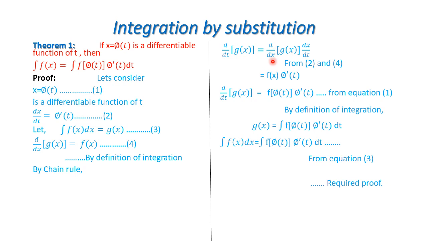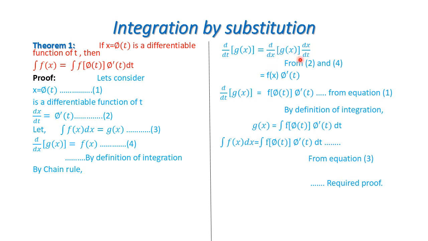Now how? First, since g is a function of x, take its derivative with respect to x, that is, the derivative of g of x with respect to x, into the derivative of x with respect to t, that is dx by dt, isn't it?